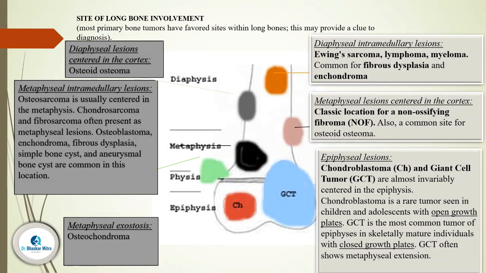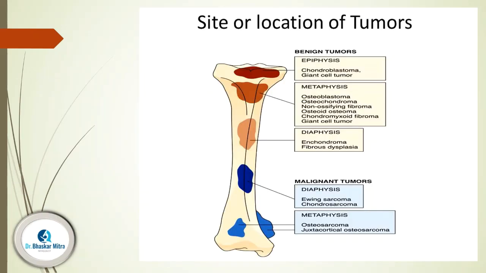Now here comes, if the radiologist says what is the epicenter of the lesion, is it in the diaphysis, then we will be thinking of these lesions. Whether it is in the metaphysis, think of this. If it is in the epiphysis, think of chondroblastoma, giant cell tumor, these things.